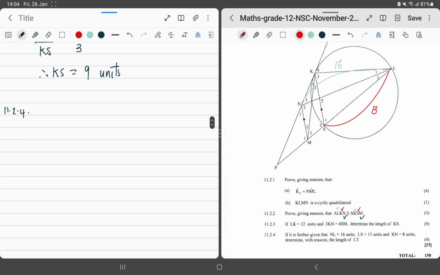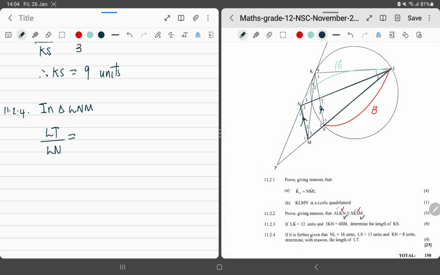So I'm going to use this triangle, because there I can apply the proportionality theorem. You can see that this line is parallel to that one, so we can use the proportionality theorem. In triangle LNM, I'm looking for the length of LT, and I'm given LN.